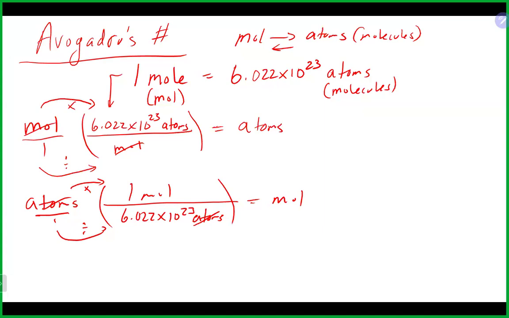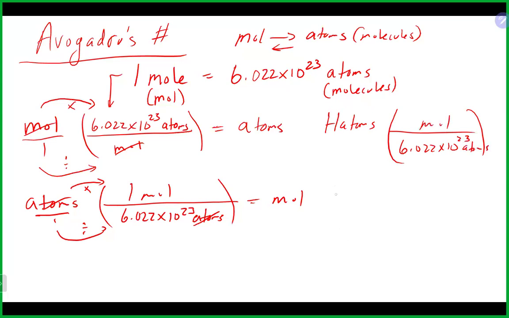Now, probably the conversion factor that we would use the most is molar mass, and we do use molar mass the most. And just a reminder why we use, for example, atoms versus molecules here. If you were doing something like hydrogen atoms and you wanted moles, we would use Avogadro's number there with atoms as the units per mole.